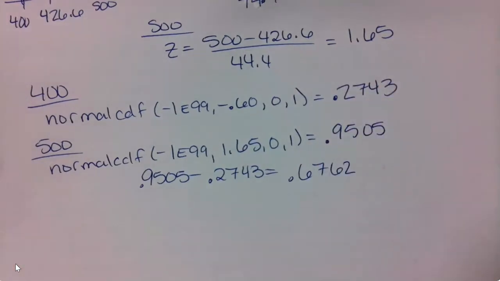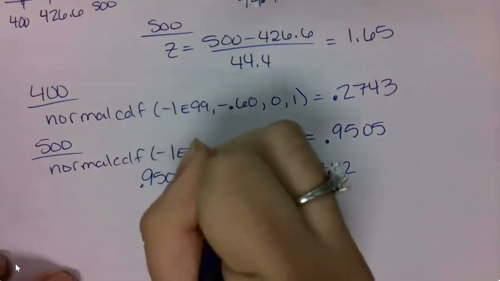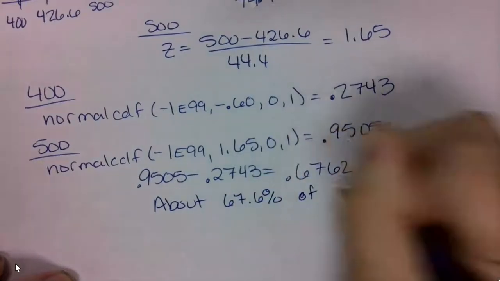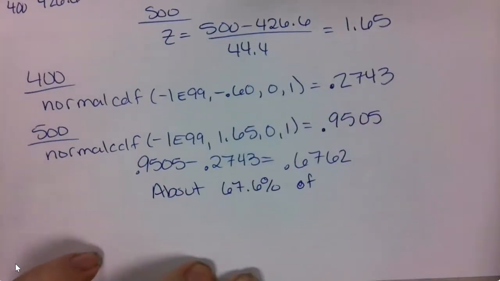And then I want to go ahead and turn this back into a percent. So about 67.6% of students ran the mile between 400 and 500 seconds.